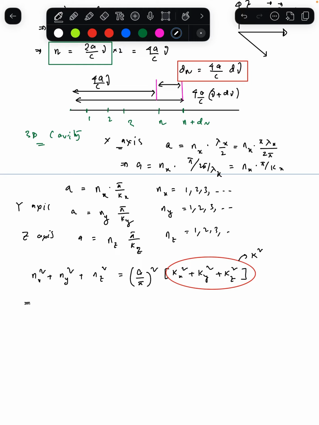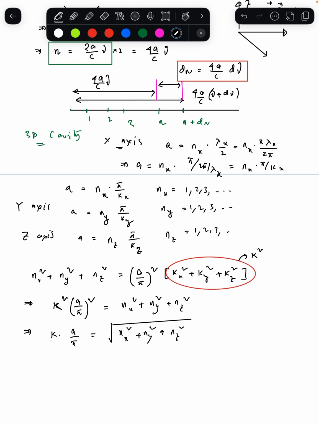So finally, k square into a by pi whole square is equal to nx square plus ny square plus nz square. Taking the square root, k into a by pi is equal to the square root of nx square plus ny square plus nz square.